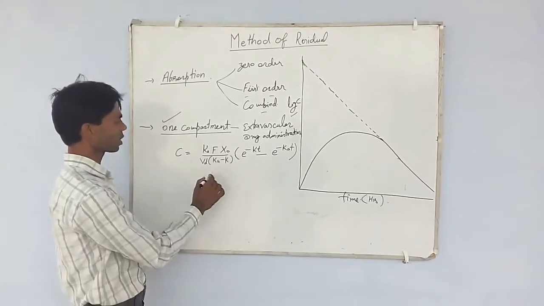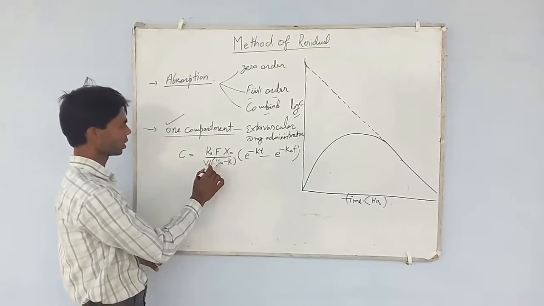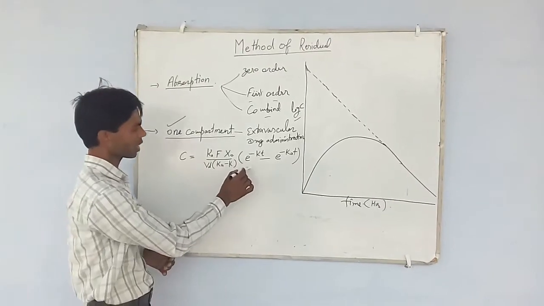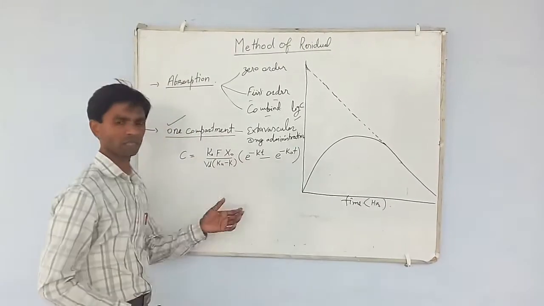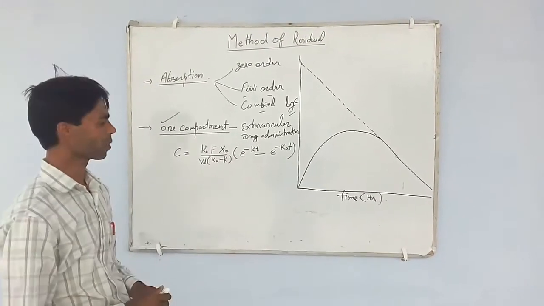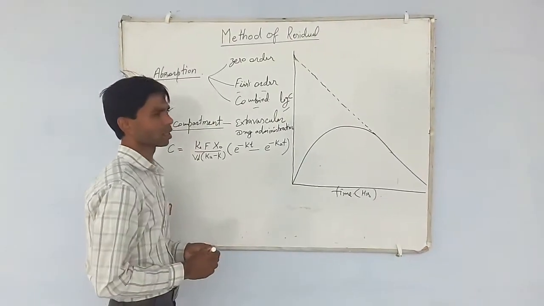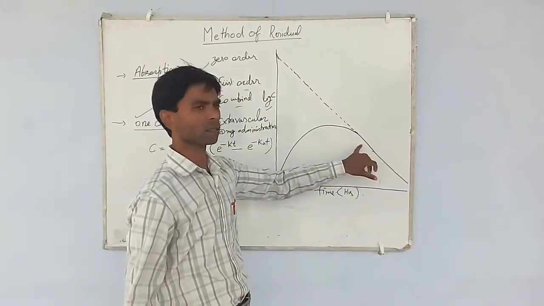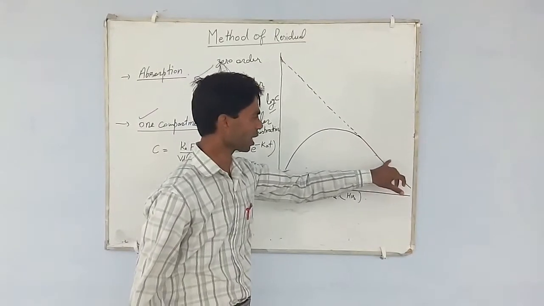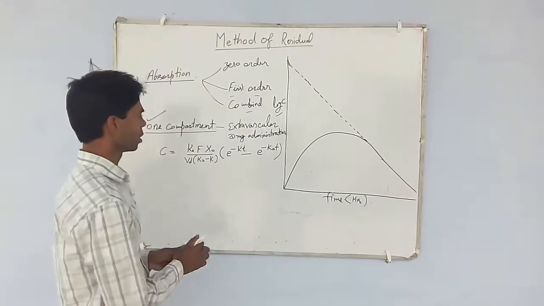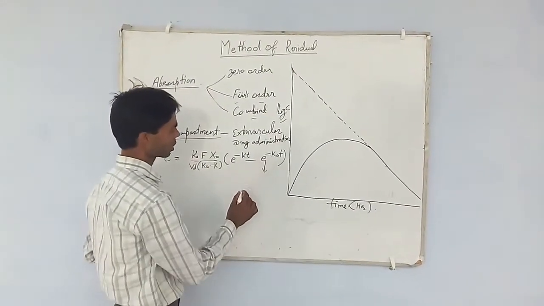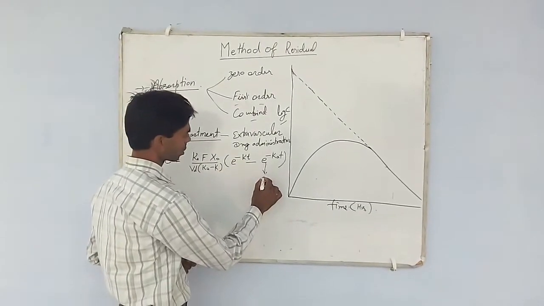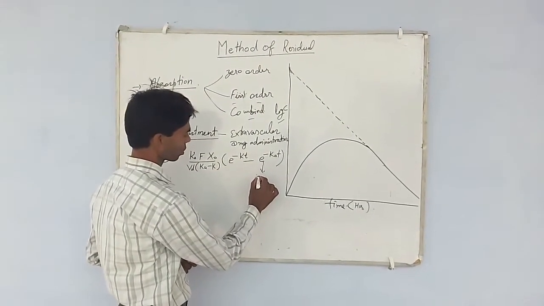The equation comes as C is equal to this factor multiplied by a biexponential term. This equation is also known as the biexponential equation. After the time at which the absorption is completed, in the elimination phase, the second exponential term is reduced to 0.